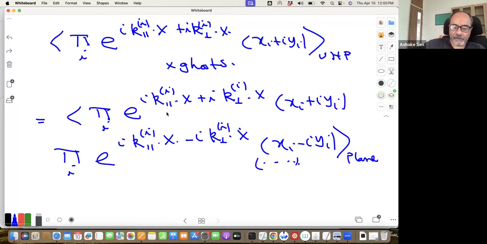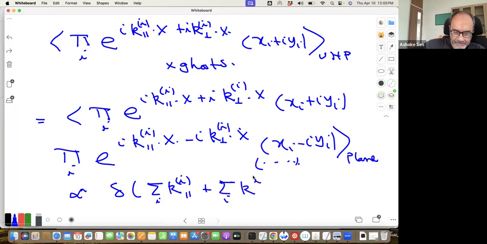So now you look at the full plane. When you calculate correlation functions like this, of course, you have momentum conservation. So this will be proportional to a delta function of the sum over k_i parallel plus the sum over i k_i parallel. But you see, there is no momentum conservation for the transverse momentum.